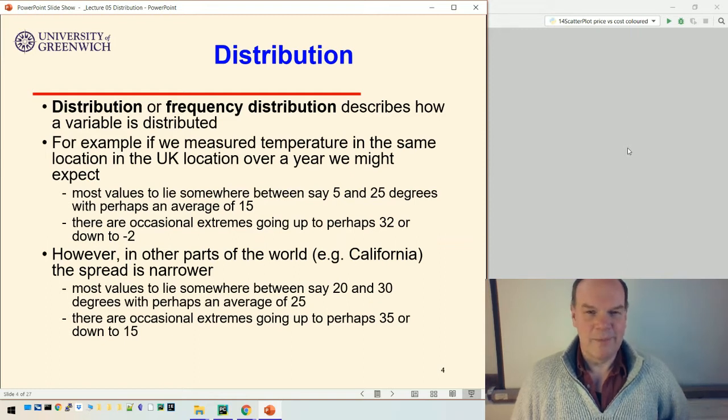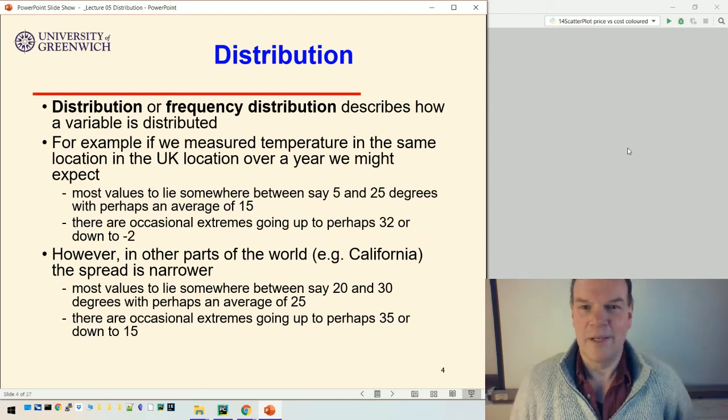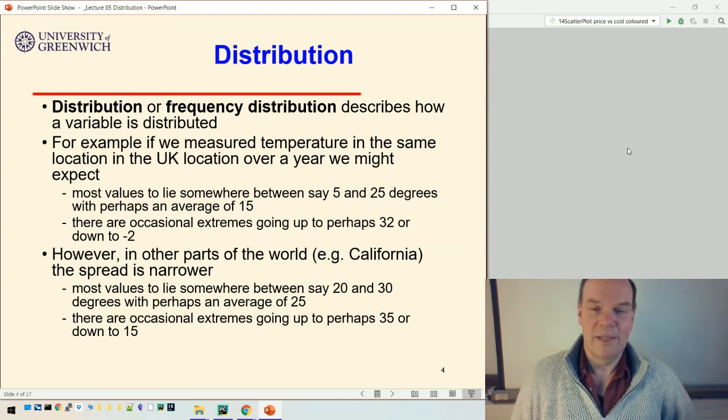I made these numbers up, but you get the idea. The distribution of these values is different depending on which parts of the world you go to. If you go to a very hot place, obviously the average might be much higher, but the extremes might be less extreme. They might be more extreme. If you go to one of the poles, then you'll get the opposite effect.